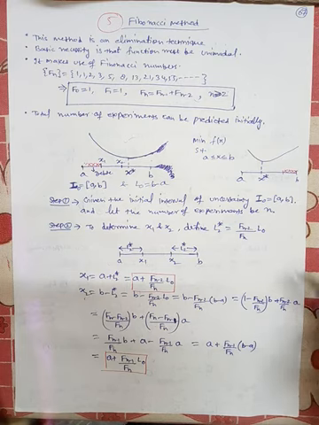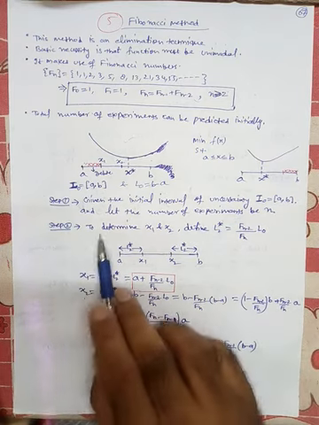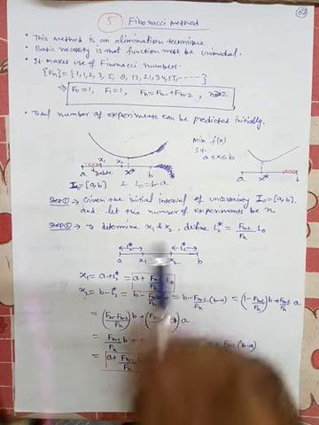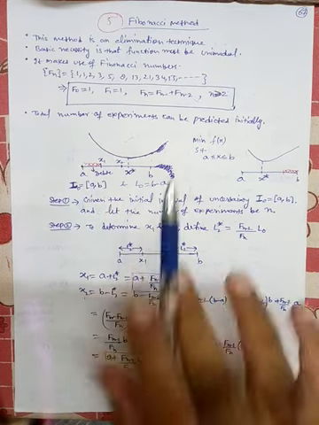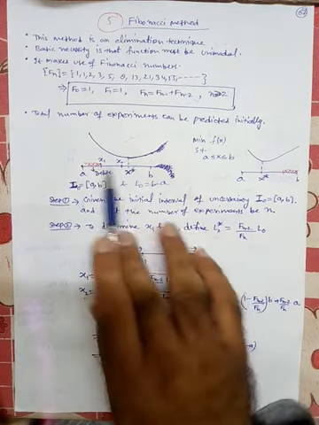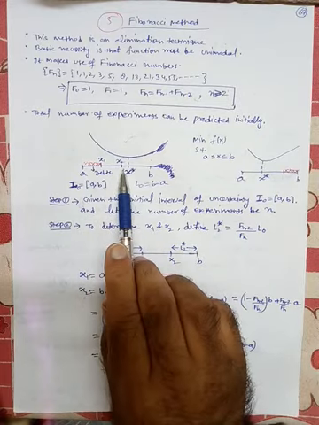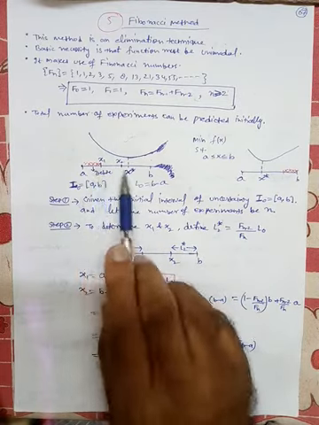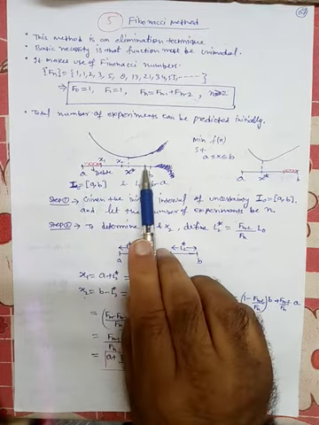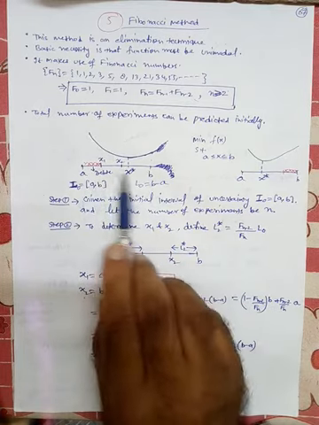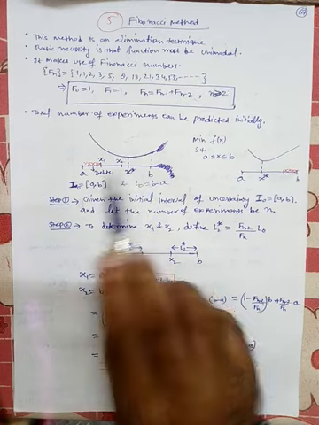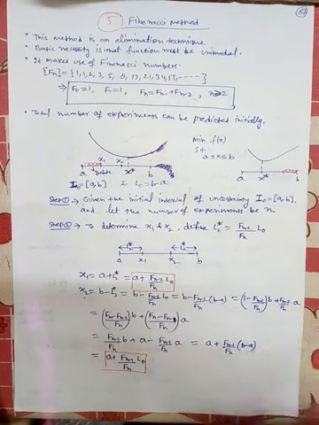Step number 2: to determine x1 and x2, these points, because in this method again we insert two points initially. One is x1, another one is x2. They may be anywhere, one point on the left hand side of x star and another on the right.